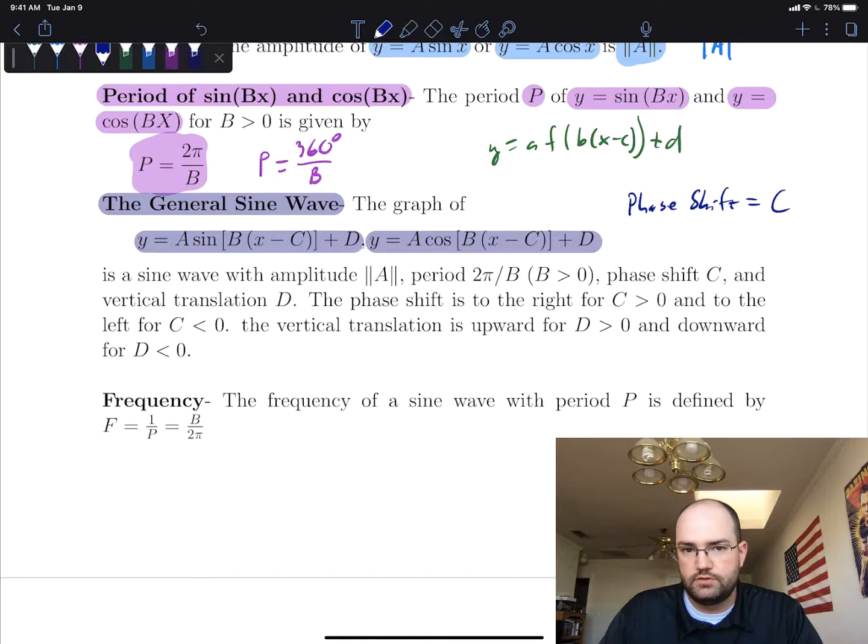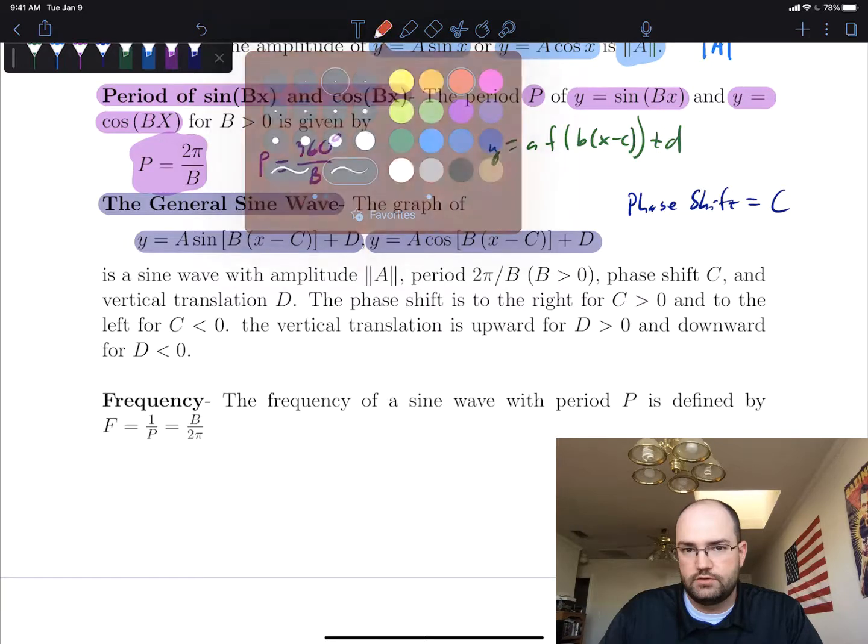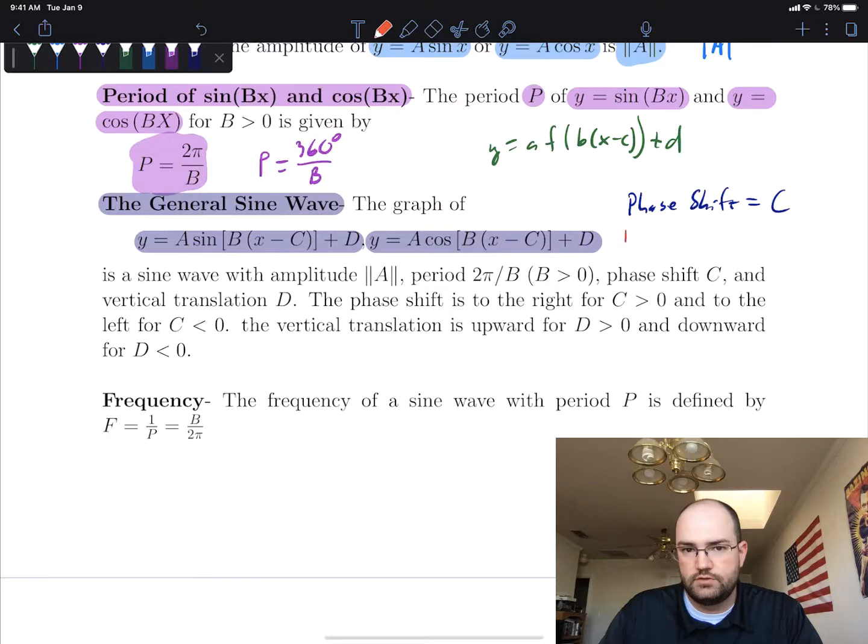Now that vertical translation actually has some significance. D is going to be the average of the function, because if you have sine or cosine, that vertical translation is going to be the average of the function.